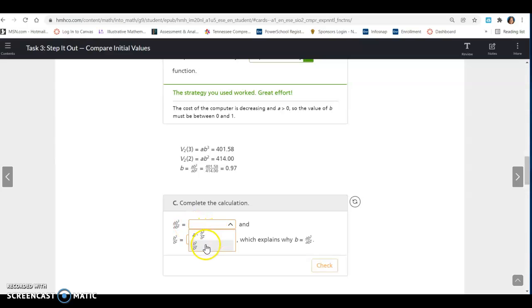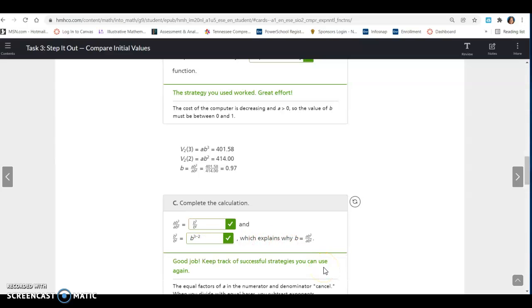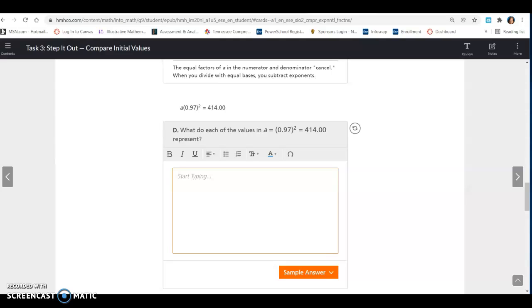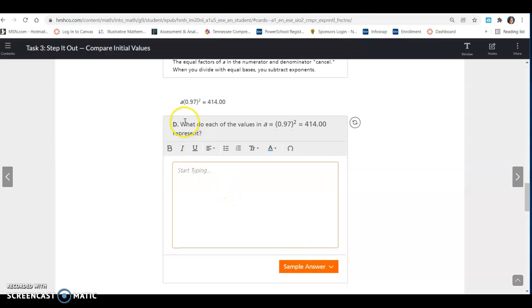Again, the a's cancel, so that becomes b cubed over b squared. With properties of exponents, you subtract the exponents from top to bottom, so that becomes b to the first. Now substituting that into your equation and using the first ordered pair it gives you, which is the 2 and 414, we have a times our growth rate, which we just found to be 0.97, raised to the second power equals 414.